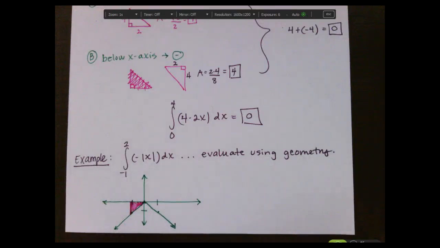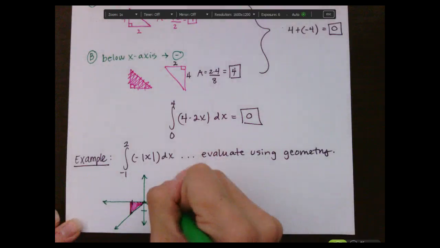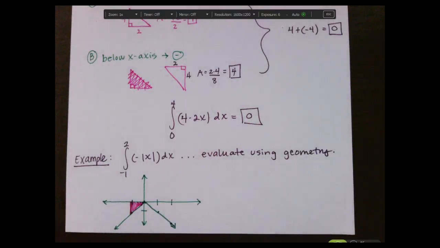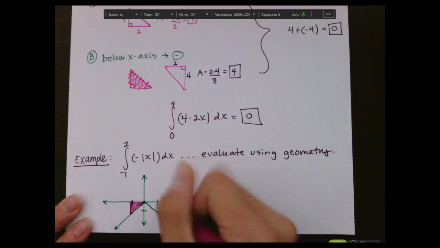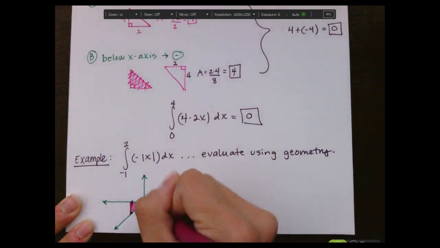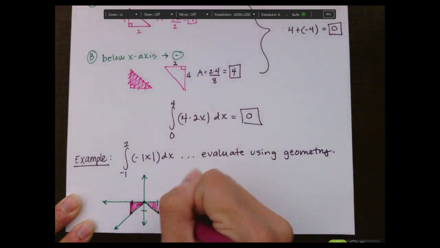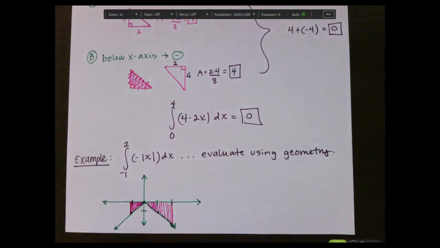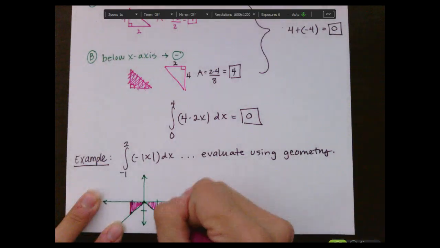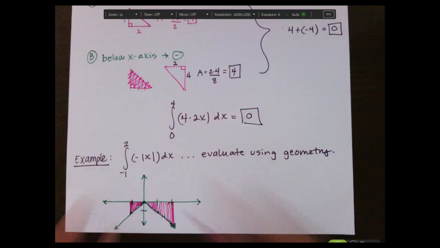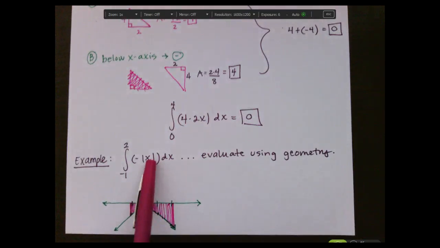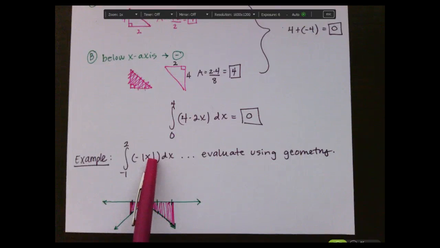And then on the right, it goes to 2, which will bound it on this side and create this region. So now we have two triangles, two right triangles that are both below the x-axis, which means that when I evaluate this, I'm going to get a negative answer representing my net area.